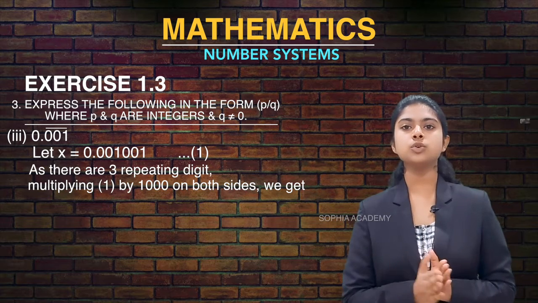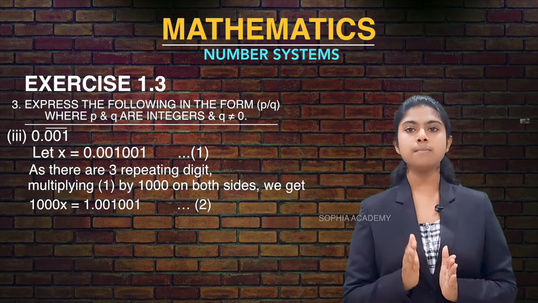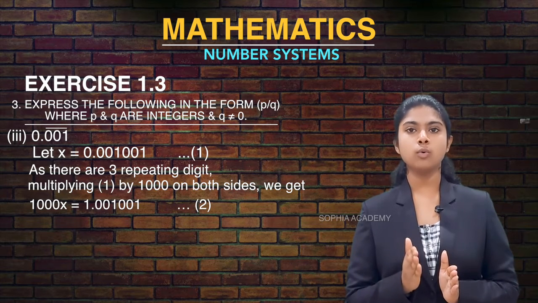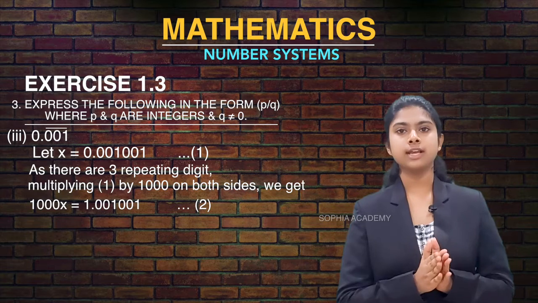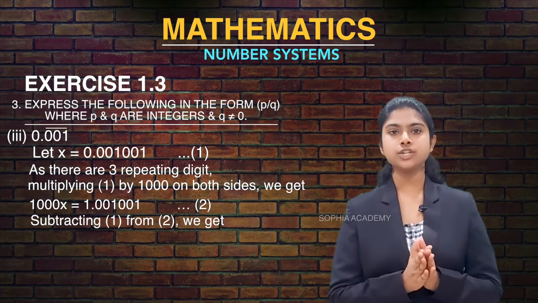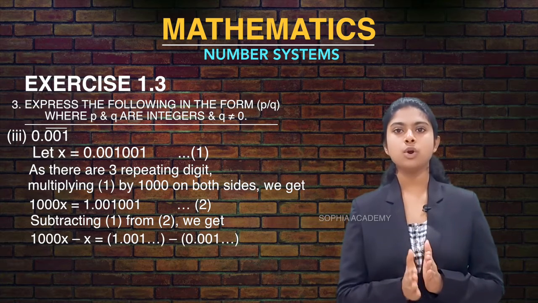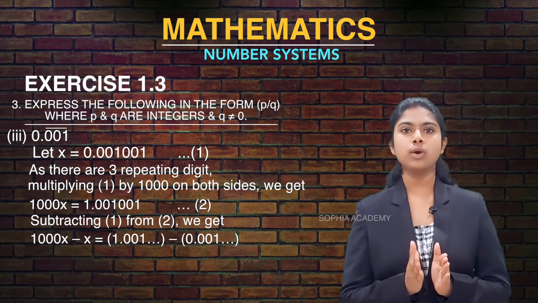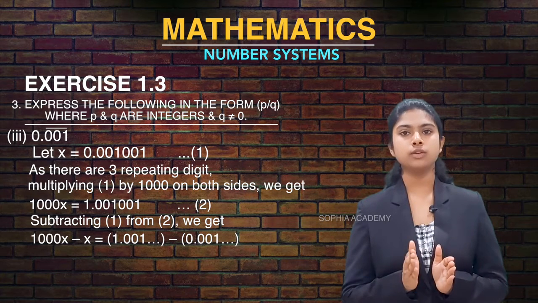That is, equation 2 now becomes 1000x is equal to 1.001 the whole bar, and let us name it as equation 2. Now subtracting equation 1 from equation 2, we get 1000x minus x is equal to 1.001 the whole bar minus 0.001 the whole bar.